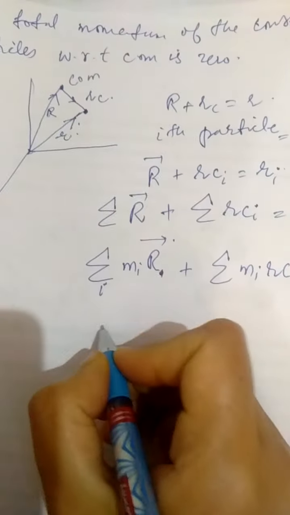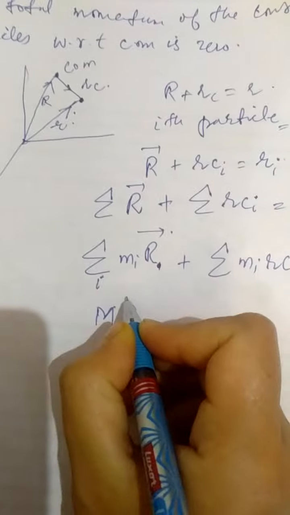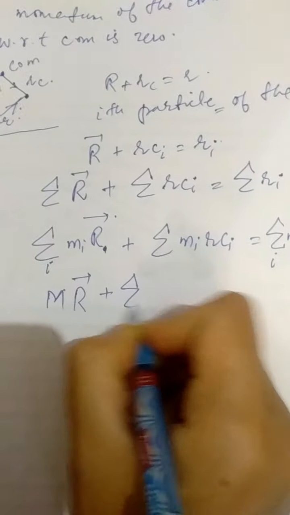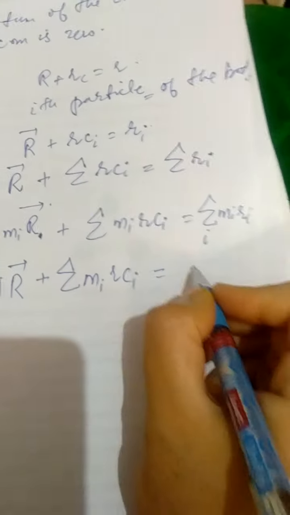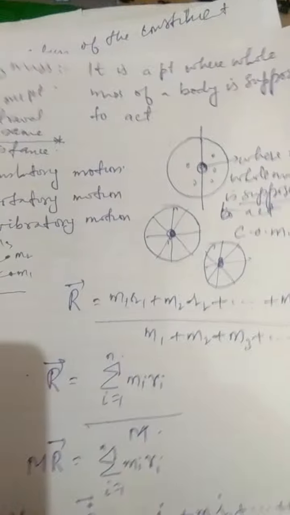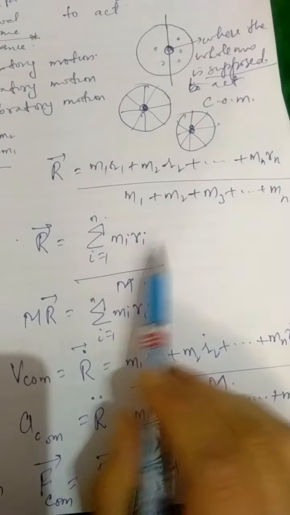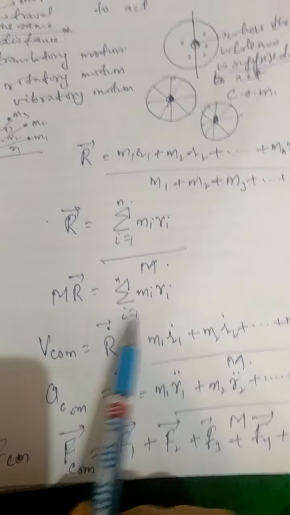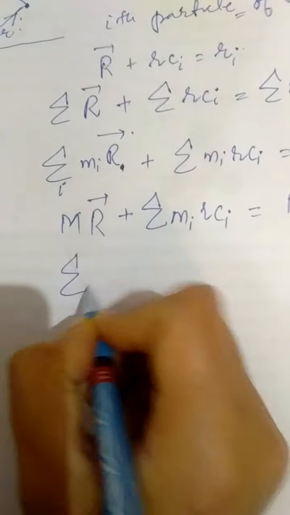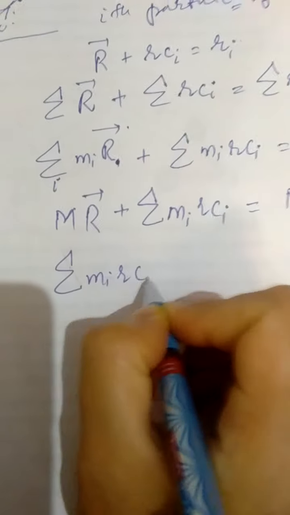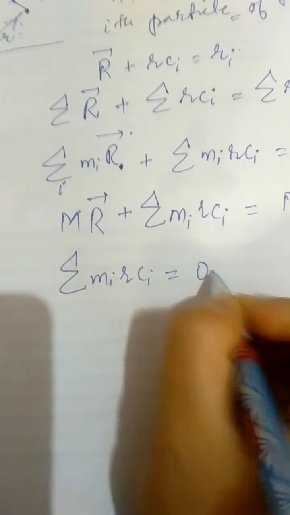Now summation of mi will be capital M, and R will be R. The right side is also MR, because when we sum it up, it is equal to MR. So MR cancels with MR, and we are left with summation mi rci is equal to 0.